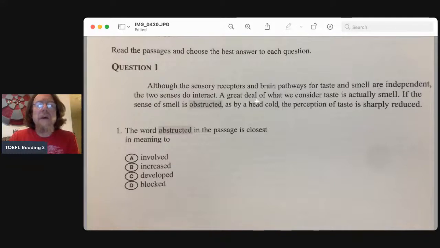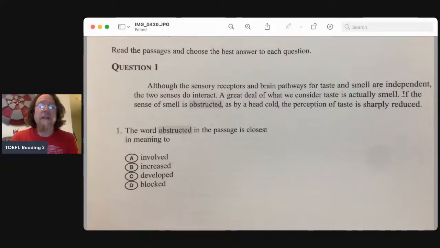A great deal of what we consider taste is actually smell. If the sense of smell is obstructed, as by a head cold, the perception of taste is sharply reduced.